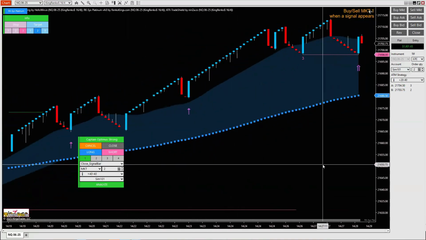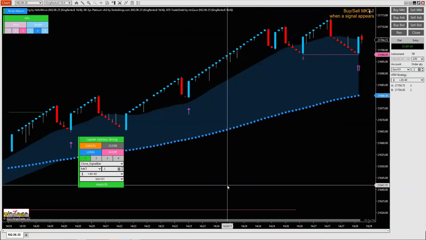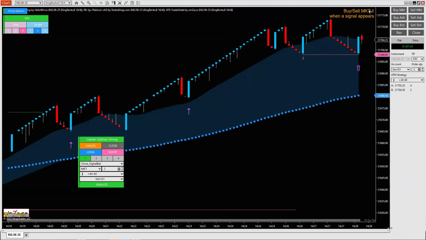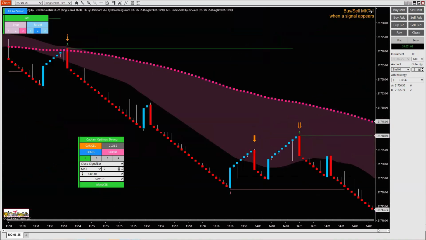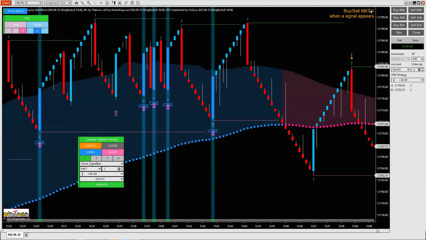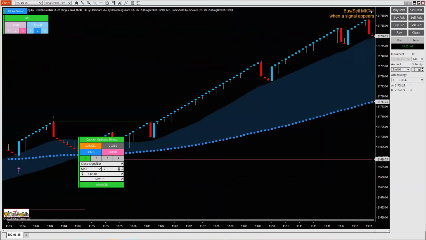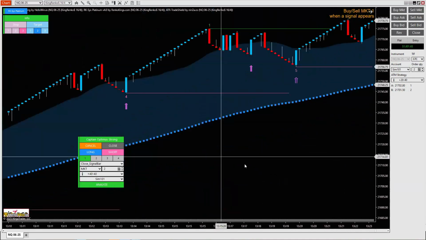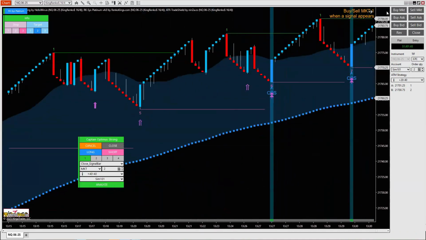NQ buy signal 4. It's again identifying it. So which signals is it looking for then? So these. Okay, I see. All right. I see.